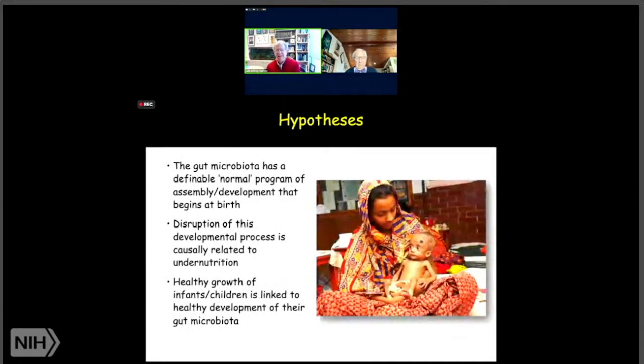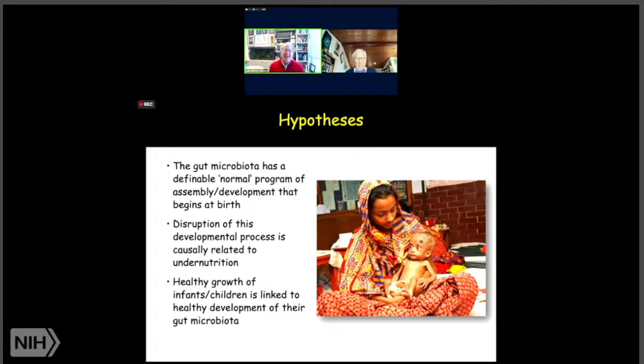So what are the hypotheses that our group at Washington University and the ICDDRB, the International Center for Diarrheal Disease Research, are pursuing? Well, the hypothesis is that there is a definable normal, that the gut microbiota has a characteristic program of assembly or maturation that begins at birth.